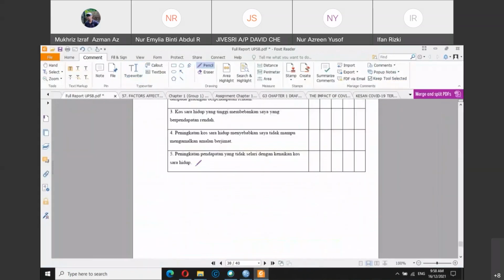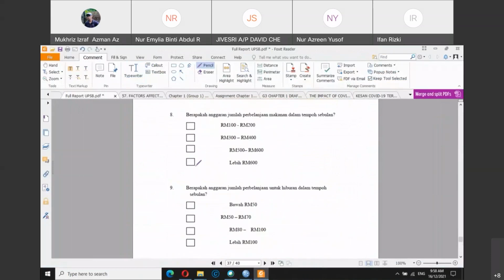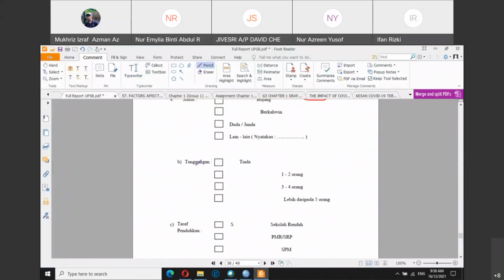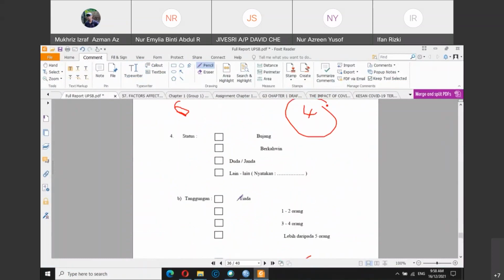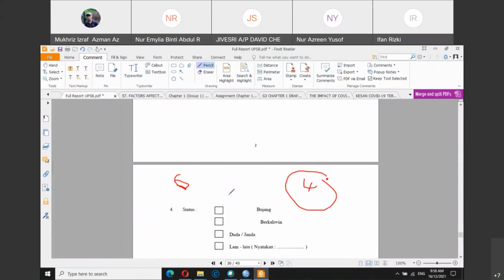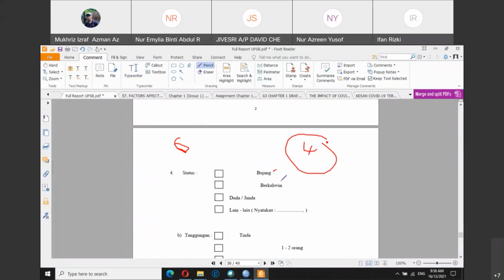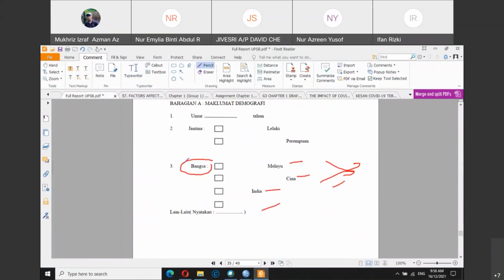So the grouping can be divided according to, let's say, education level, whether the student has primary school, secondary school, or higher, or maybe based on whether they are single, married, or widow, or maybe based on Malay, Chinese, Indian, and the rest, because we can analyze.